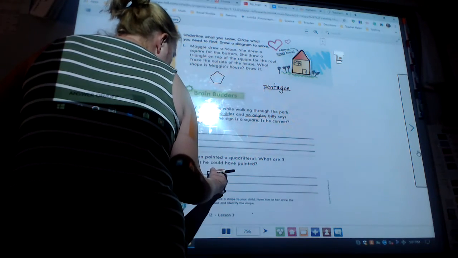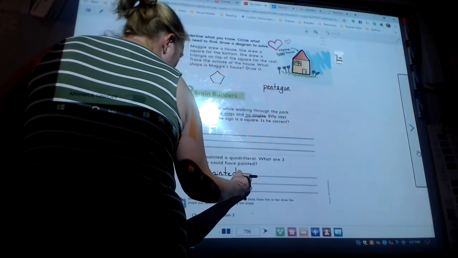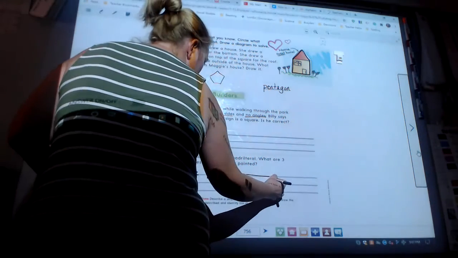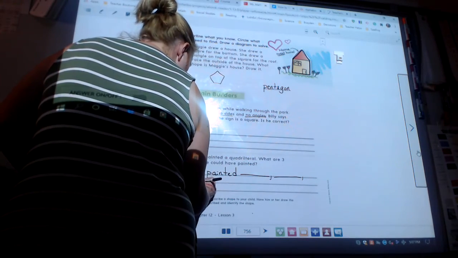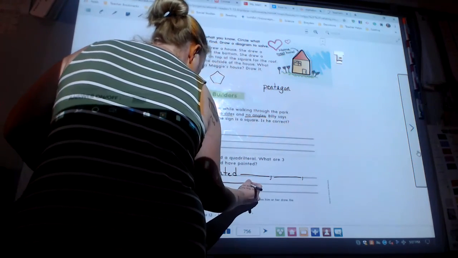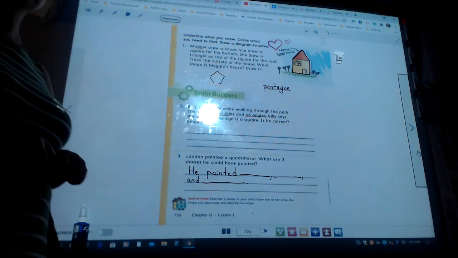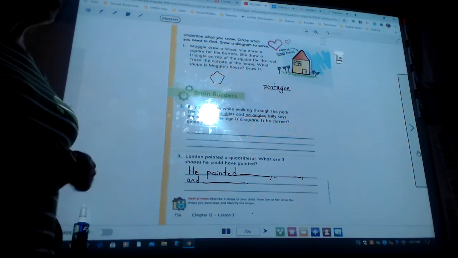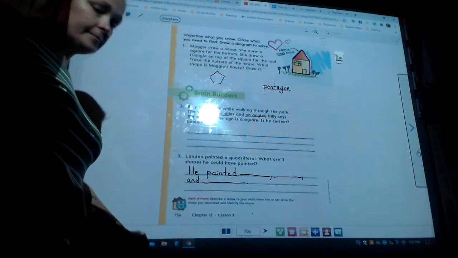He painted something, something, and something else. Whatever those 3 shapes are. All right? So I'm going to leave those 2 questions for you to do on your own to see if your thinking cap is on.